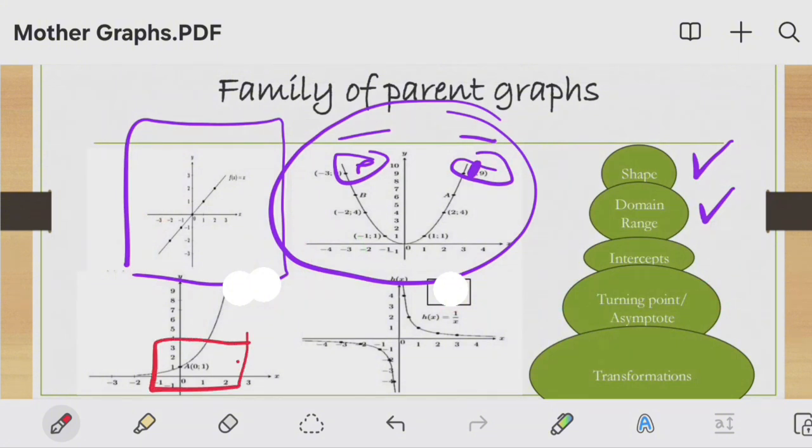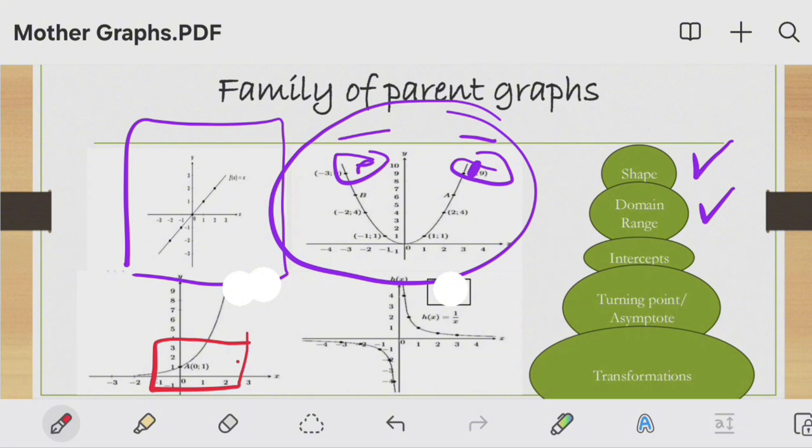For example, when you look at this exponential function, we can see there is a point of intersection at (0,1), where the graph itself is crossing the y-axis. So we can have y-intercepts and x-intercepts for functions. Are you able to determine such?